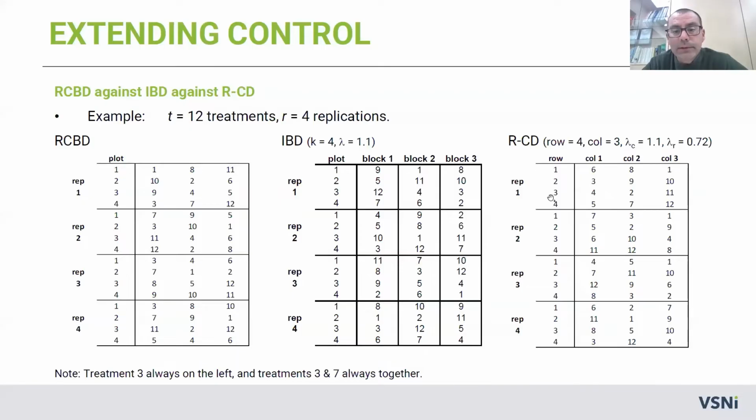Now, in the row column design, we extend this idea of having the incomplete blocks as columns within a rep, but we also have them as rows within a rep. So now we ensure that treatments 1 and 8 occur around 1 time in the same column and a little less than 1 time in the same row.